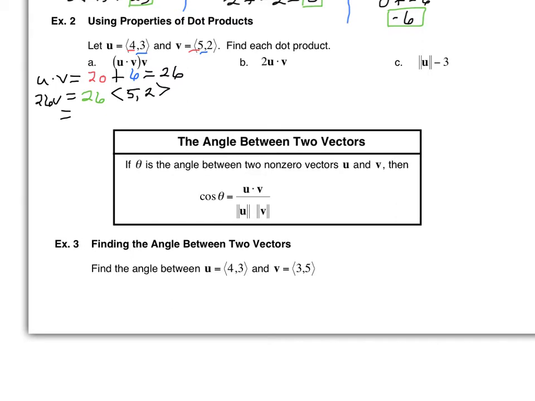So I've got 26 times 5, comma, 26 times 2. Equals, what's 26 times 5? Yep, 130, comma, and then 26 times 2 is 52.